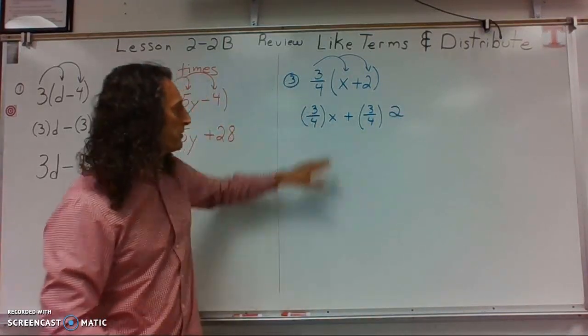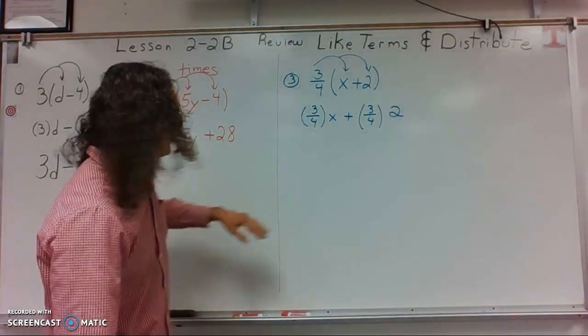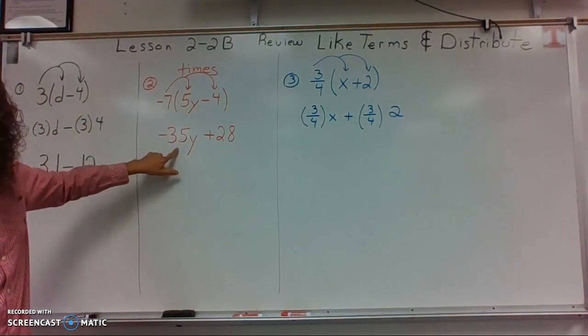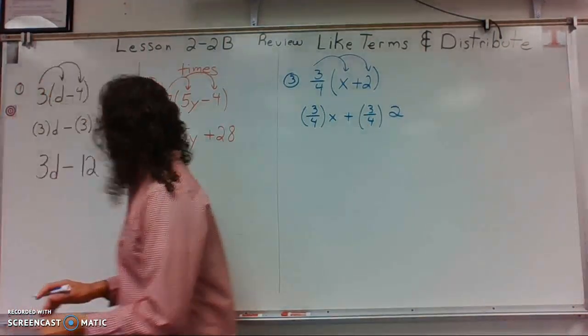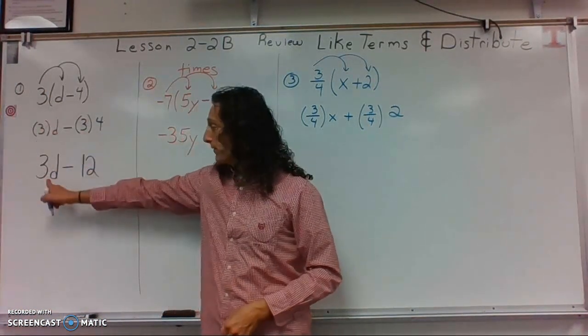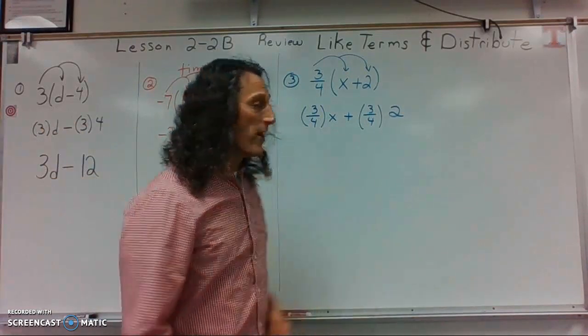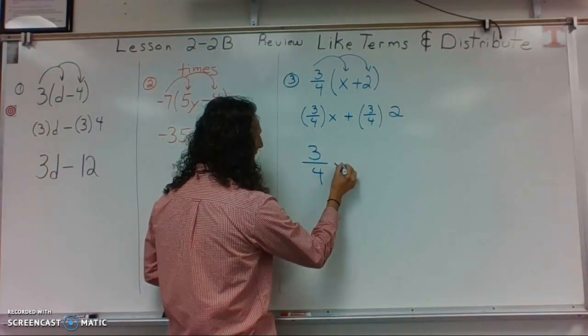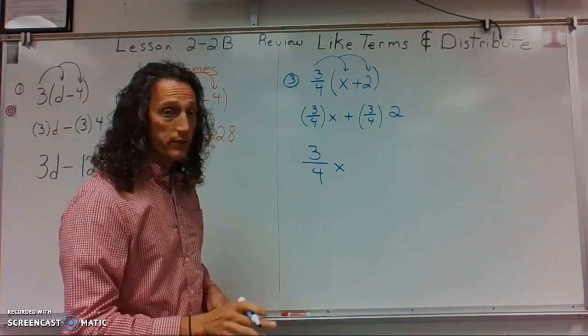Now, this part's easy, just like with the negative 7 and the 5, you just put your answer in front of the variable. Over here, you just put the 3 in front of the d, do the same thing with the fraction. So this just becomes 3/4 x, right? That's real easy.